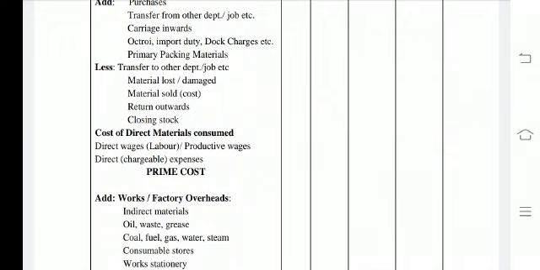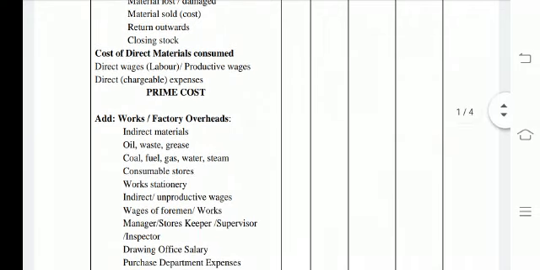To prime cost, again you should add the factory overheads. What are those factory overheads? They are indirect materials, oil, waste, grease, coal, fuel, gas, water and steam.